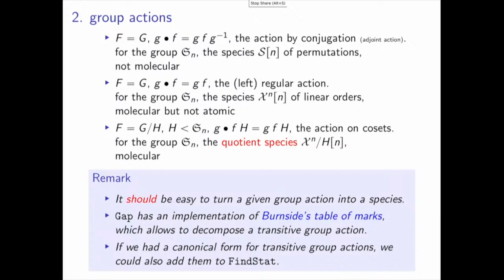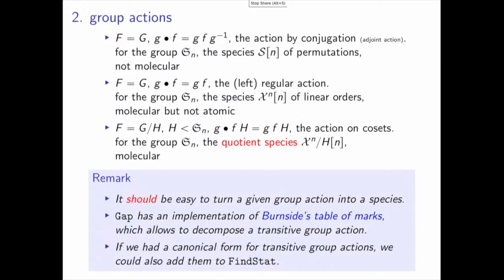This would be the analogous thing of decomposing a representation into irreducibles. That's the same thing, just for group actions. And actually this is a mathematical project, and I could give you some pointers if you're interested.